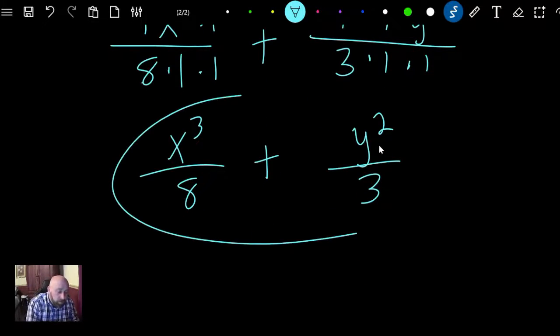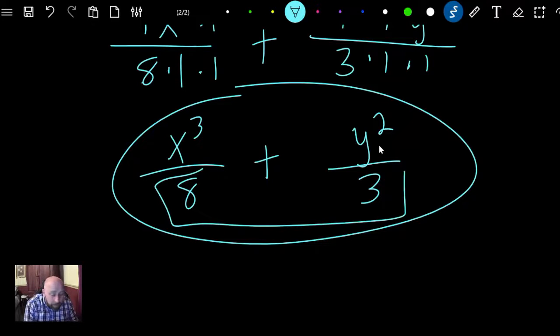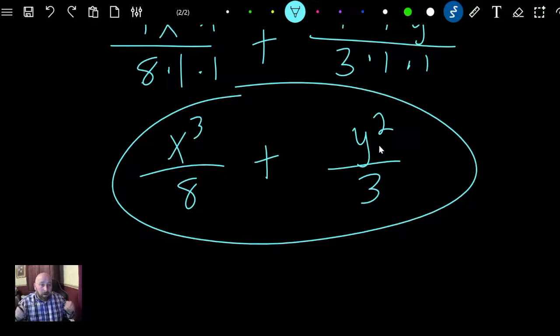Your solution to this problem is going to be x to the 3rd over 8 plus y squared over 3. That's as far as you can go with that one. You know, there's no common denominator, so we can't combine that one back together. That one has to stay apart with two separate denominators.